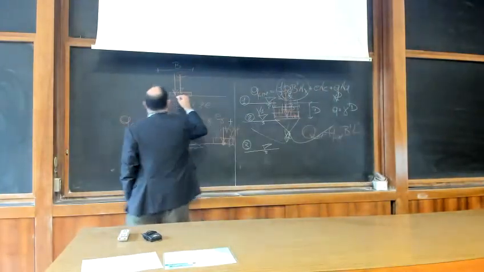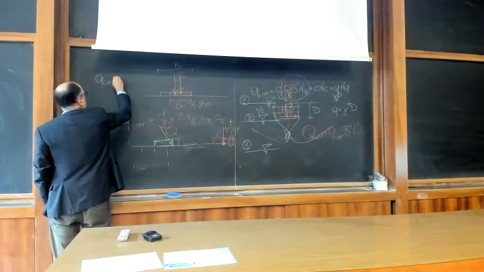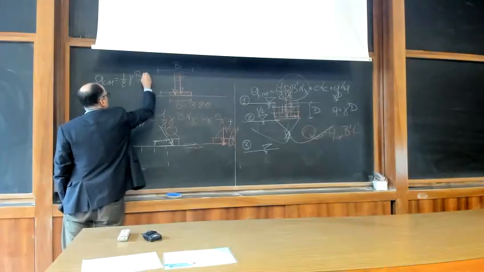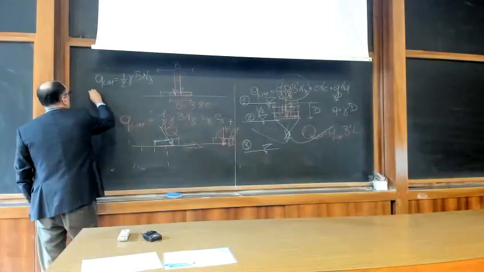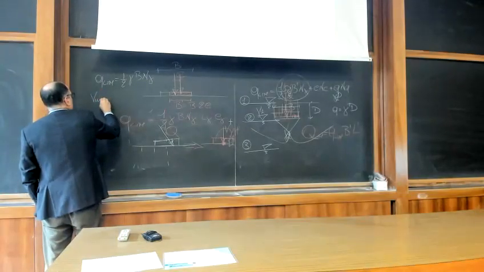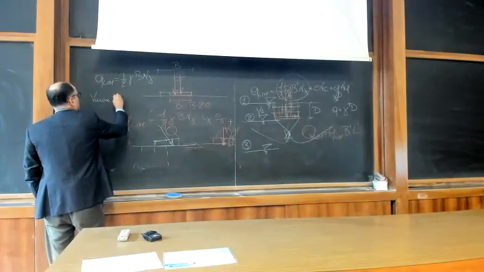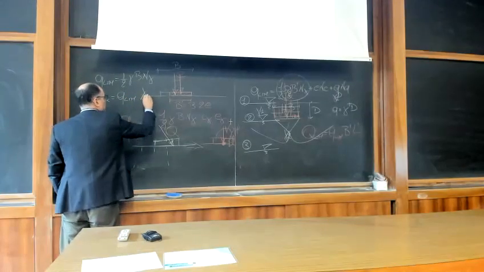If you consider the Q lim for a vertical load, it's 1/2 gamma B N gamma. The Vmax, the maximum capacity for a vertical load, is your Q lim times the area.